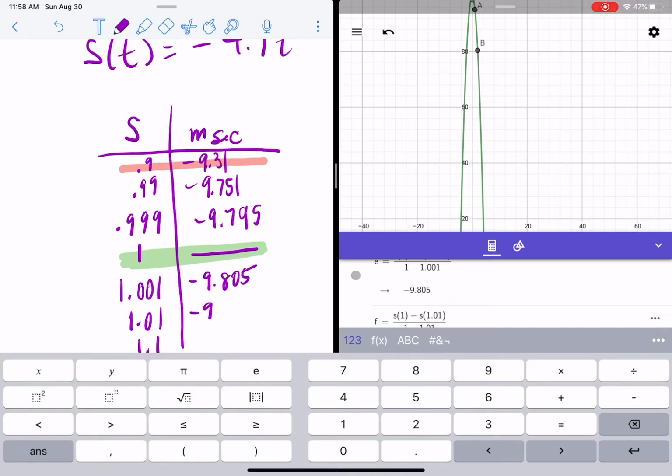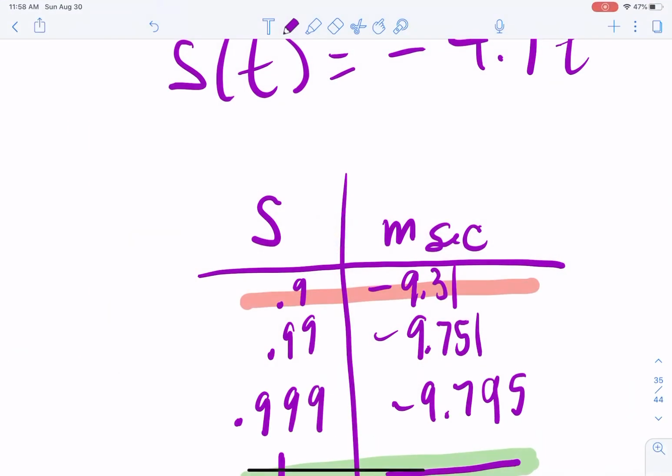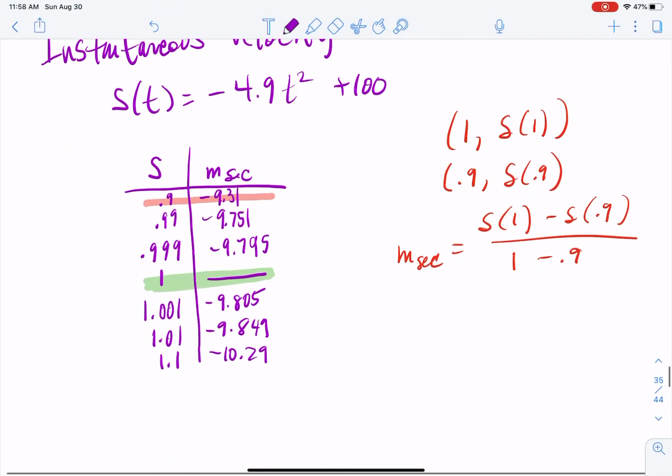And then negative 9.849. And then finally, negative 10.29. Okay, full screen that. Shrink that down to a reasonable size.